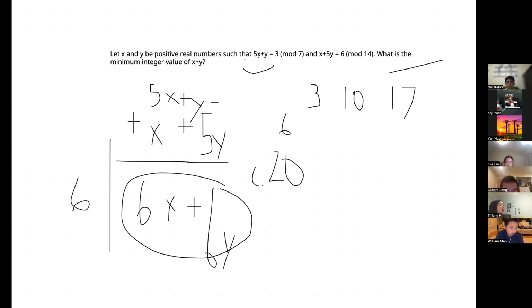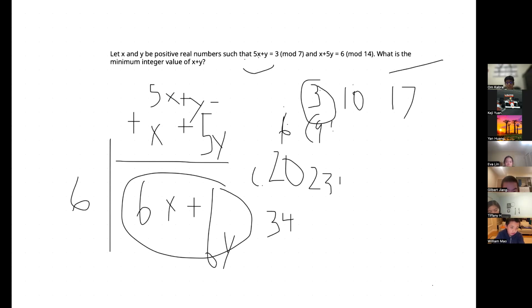If we have the 3, summing with the 6 gives us 9, and with the 20 gives us 23. None of these numbers, 9, 23, can be divisible by 6 because it must be even, but 3 plus an even number is not even. So we must go to 10.